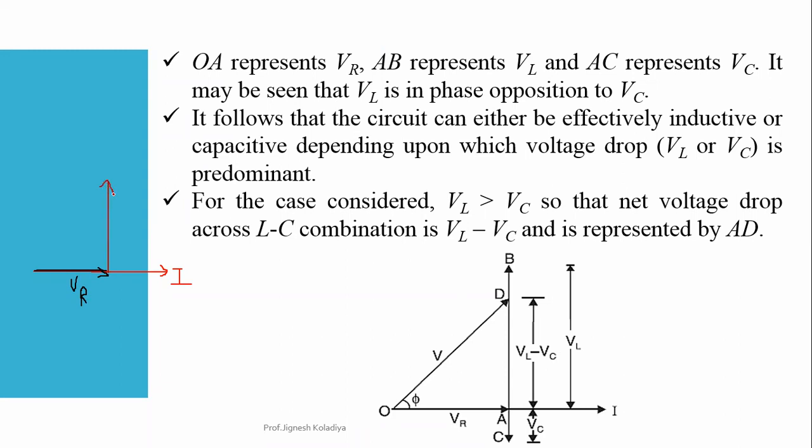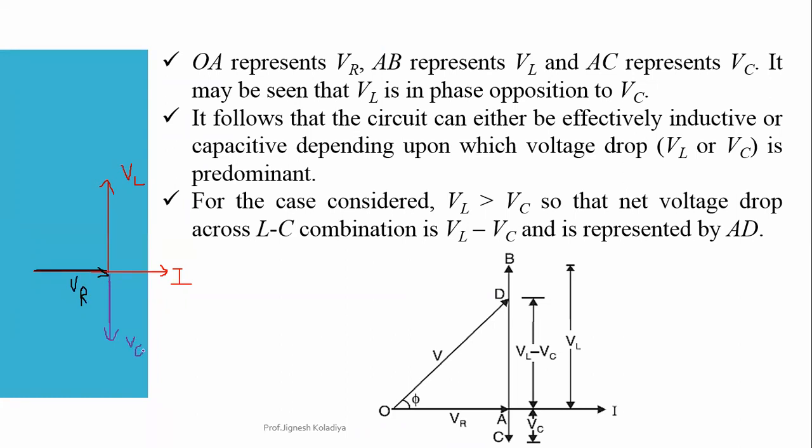So this is VL. And VC is lagging with respect to current because current is leading in the case of a capacitor. And that's why I have to draw VC over here.